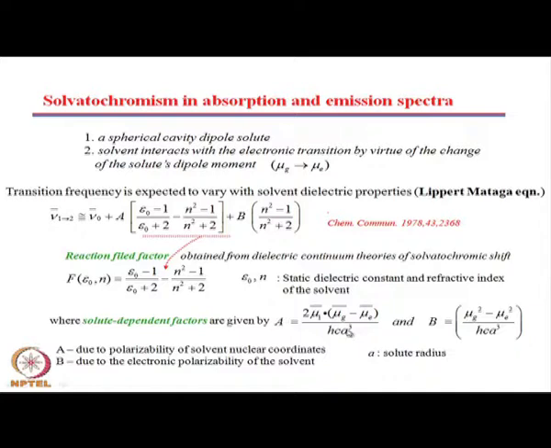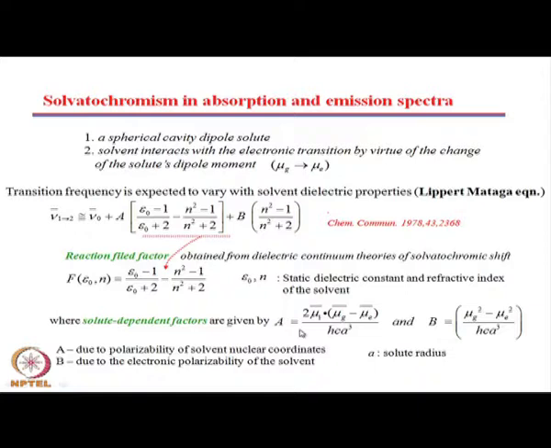Or if your solute radius is known, you should be able to calculate maybe this excited state dipole moment. So this way, by measuring the solvatochromism in absorption and emission spectra, you should be able to find out maybe this unknown quantity, maybe this A, or maybe this mu E, or maybe mu G, depending on which one is unknown. So these are very important things.